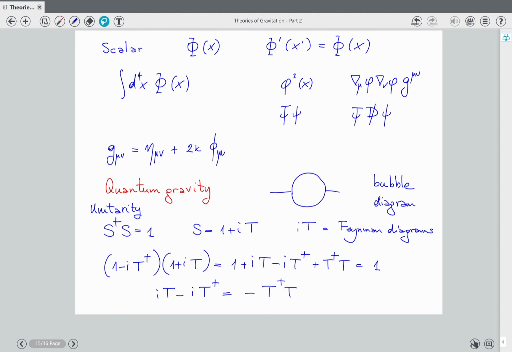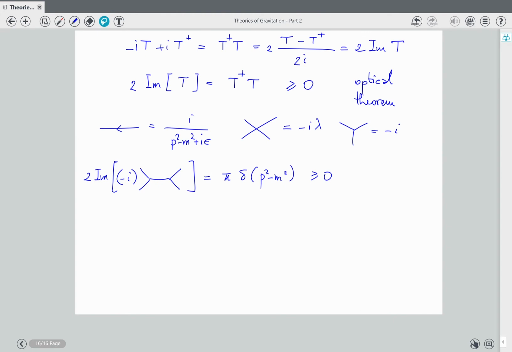It can be shown that the Einstein theory, and maybe this I didn't mention, the Einstein-Hilbert action plus all the infinitely many corrections that you need to add to subtract the divergences.